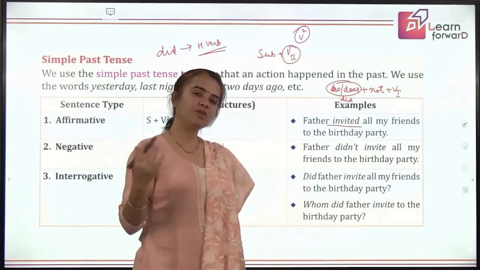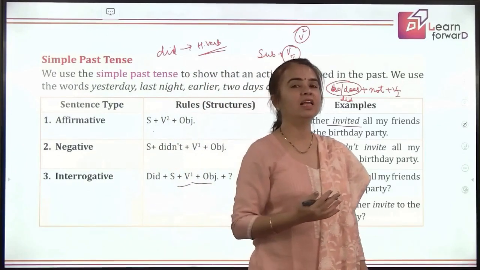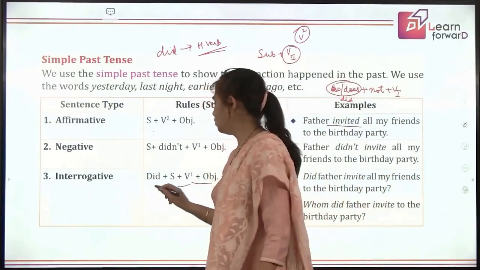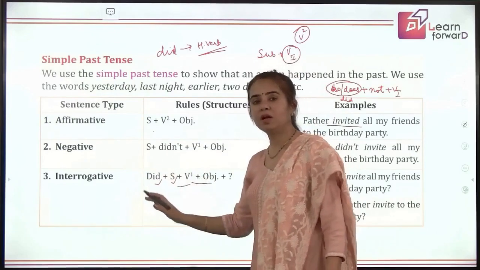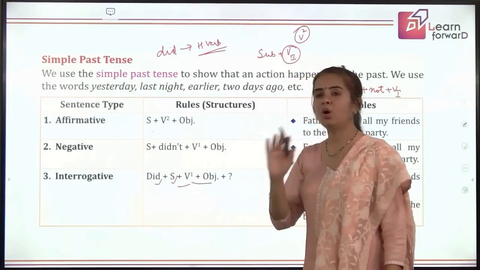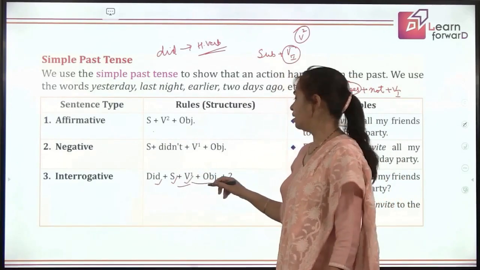And when you have to make it interrogative, same, start the sentence with the helping verb. What is the helping verb? Did, yes. So it will be did. Then you will write subject. The helping verb will come before the subject as in simple present and actually in all the tenses. Then you will be having first form of verb and then the object.